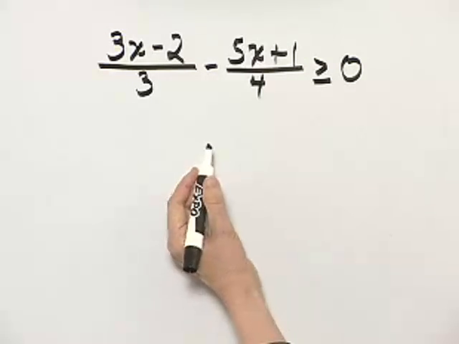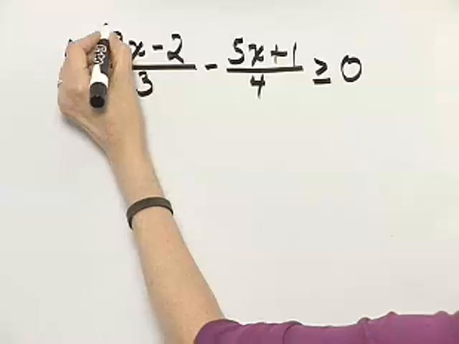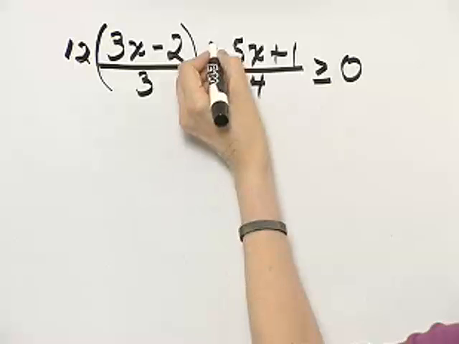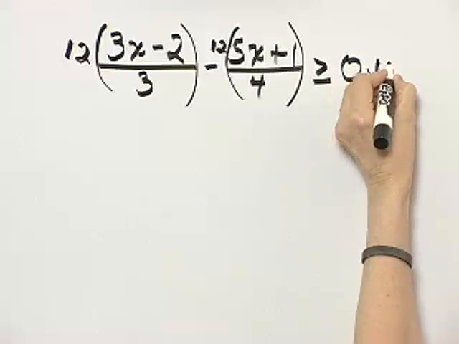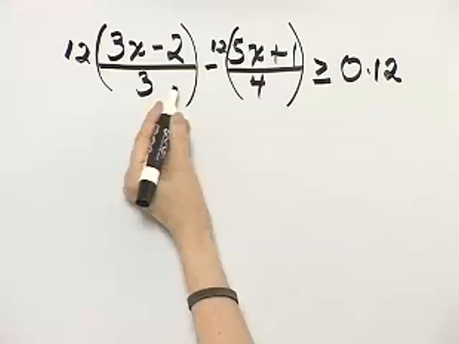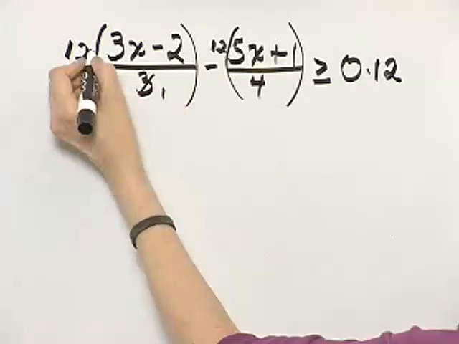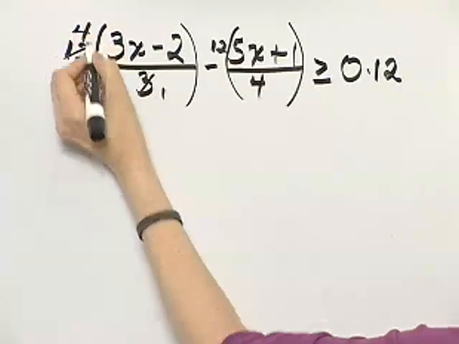So I will multiply each term by 12. 12 times this first term, 12 times this. Do not forget 0 times 12 also, although in this case, of course, that is 0. So here in this first term, there is a common factor of 3, and 12 divided by 3 is 4.